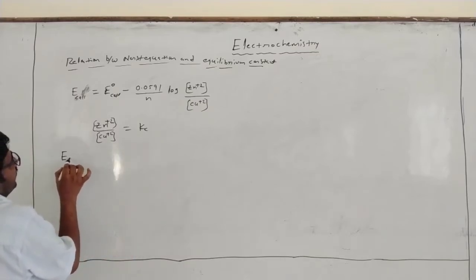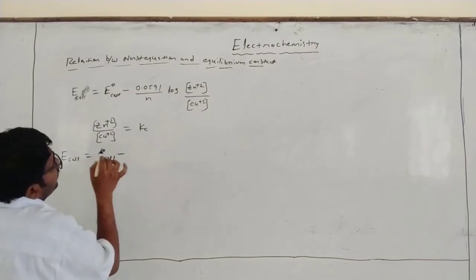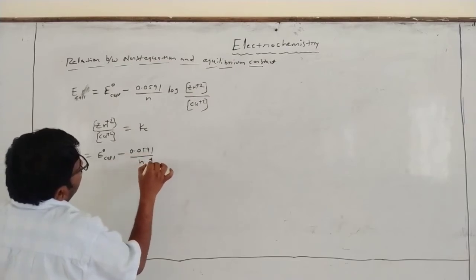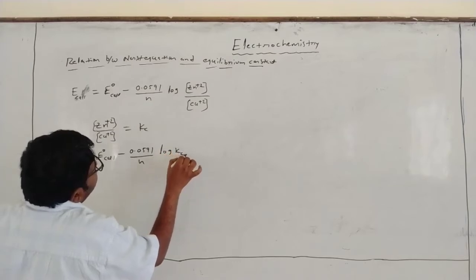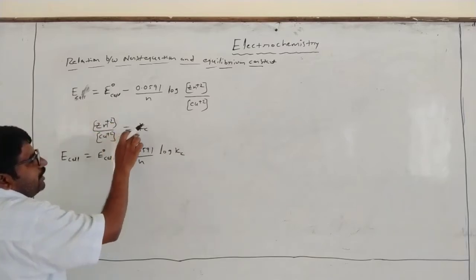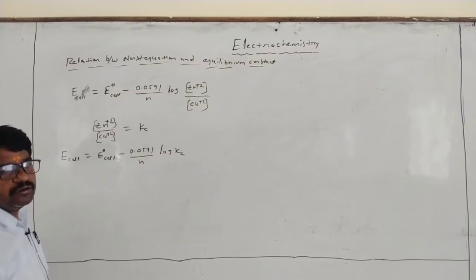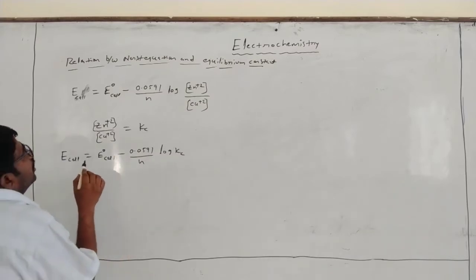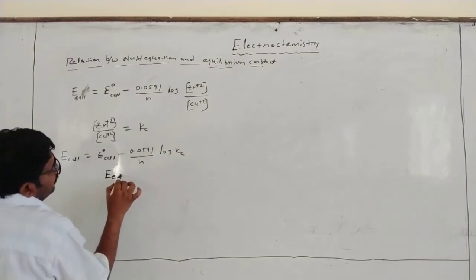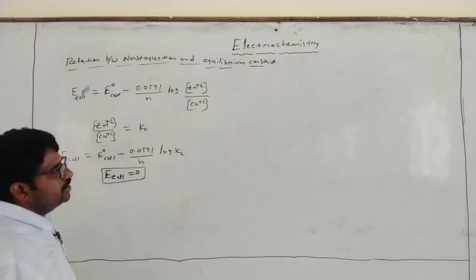Now E cell is equal to E naught cell minus 0.0591 by n log Kc. If these two exist at equilibrium, the cell potential is also zero, so E cell is equal to 0.